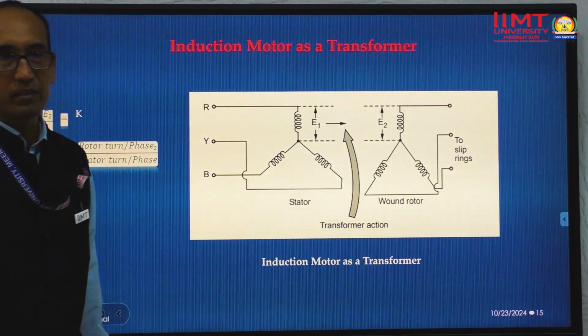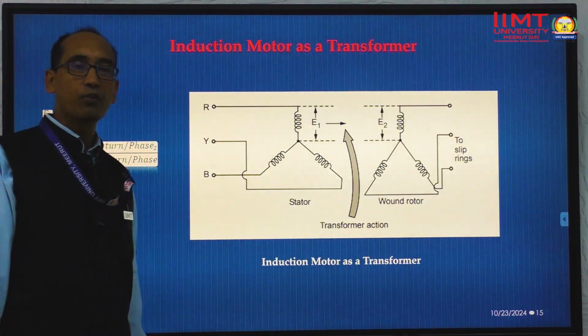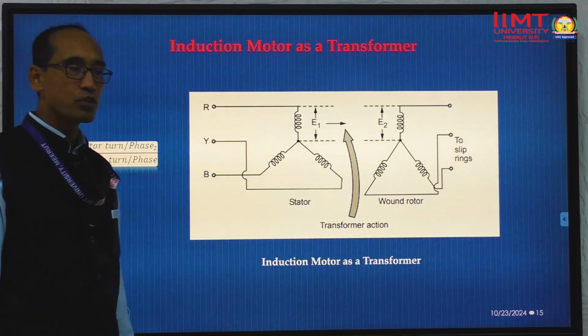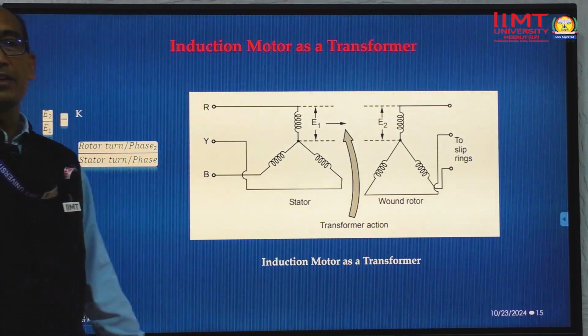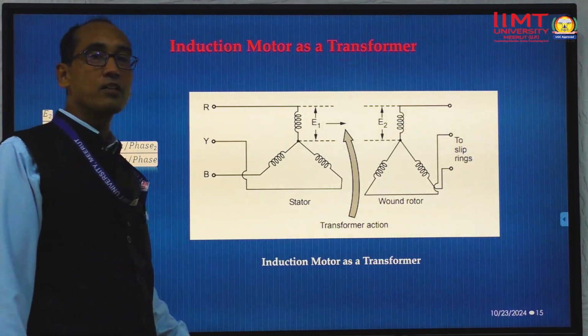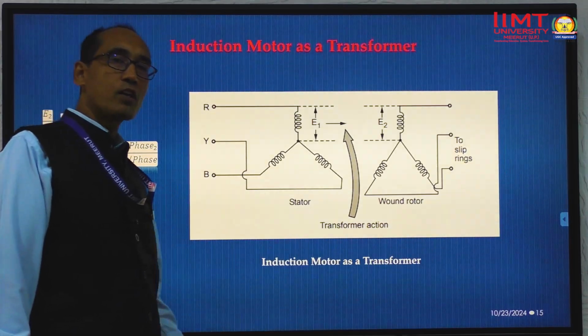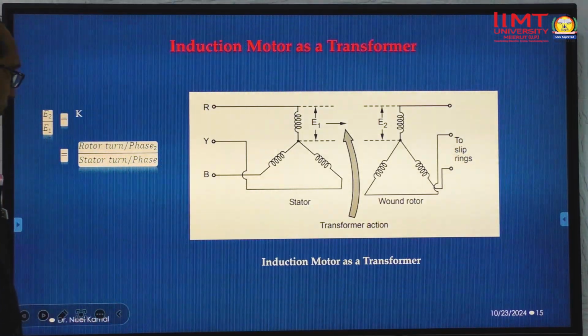If we have a slip of 1 to 4%, we can have the range of rotor frequency that is 0.5 Hz to 2 Hz only. So this is the major difference: we are using 50 Hz supply in the primary and secondary side in a transformer, as well as in the stator side. But on the rotor side we are using maximum 2 Hz supply.